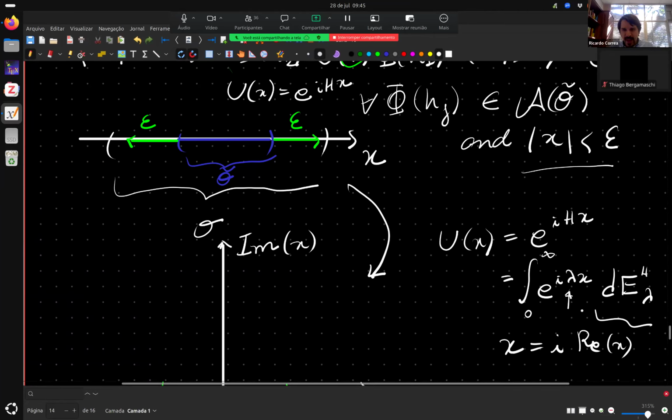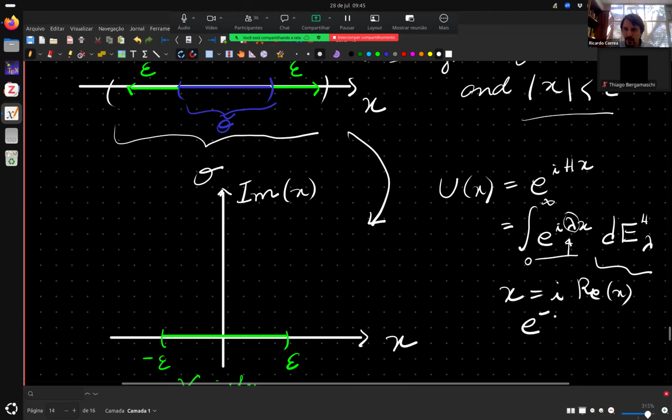Then the i together with this x gives a minus, and since I'm integrating from 0 to infinity, with the real part positive, what I get is the exponential of minus the real part of x times lambda, and that is integrable from 0 to infinity.